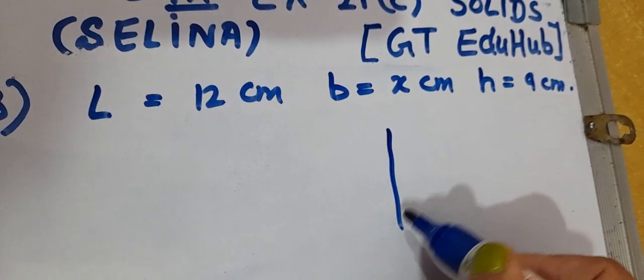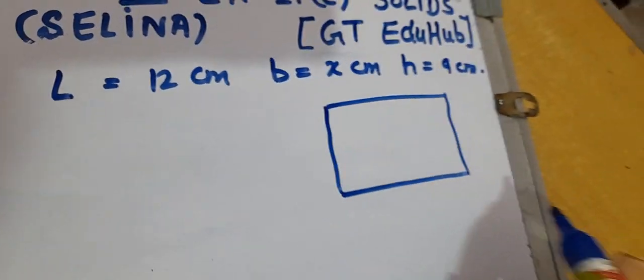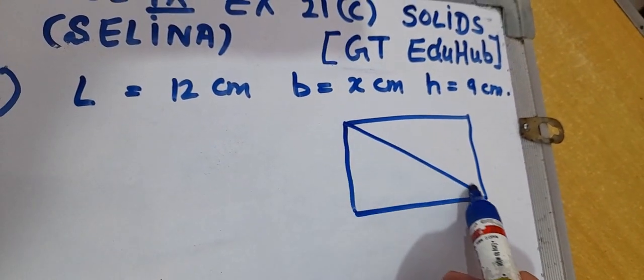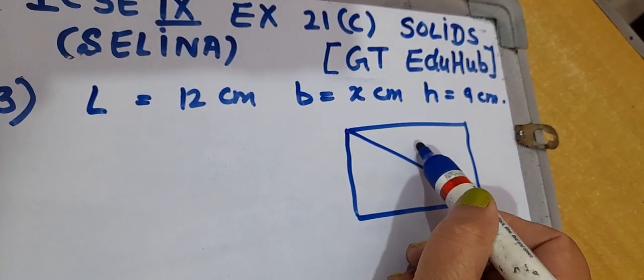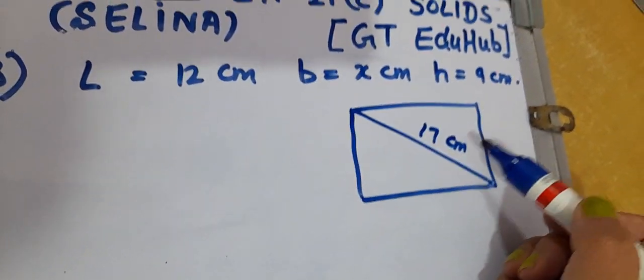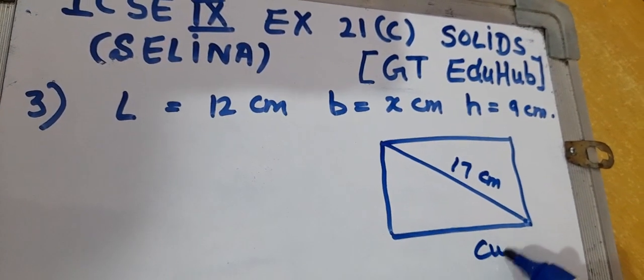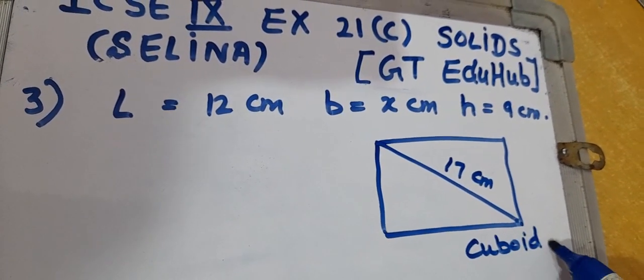The largest rod that can be placed in this box will be the length of the diagonal. This is given as 17 centimeter. Just keep in mind that this is not a rectangle, so assume it as a cuboid.